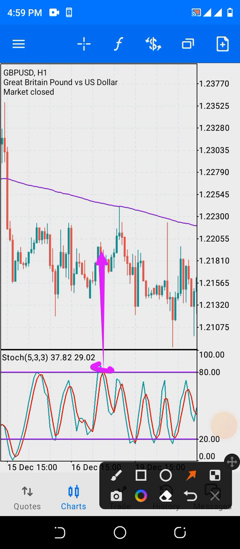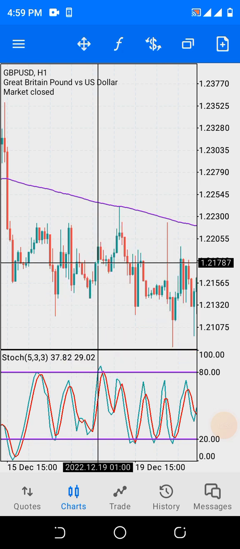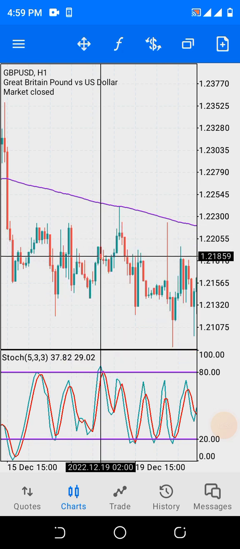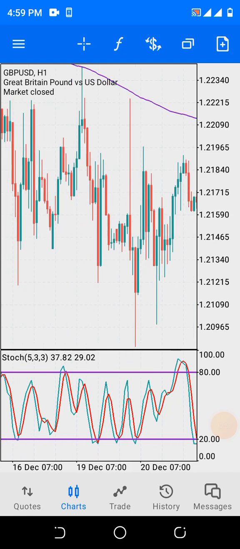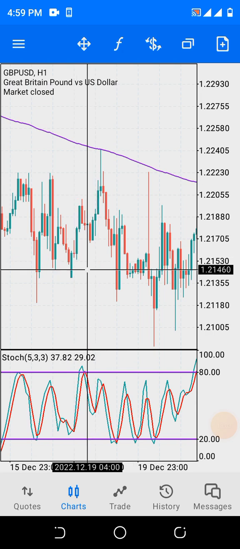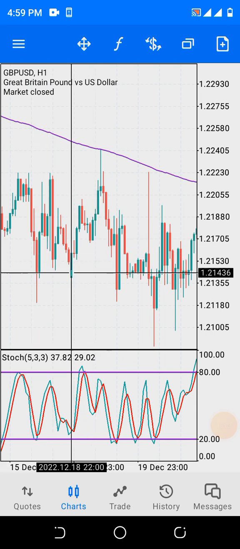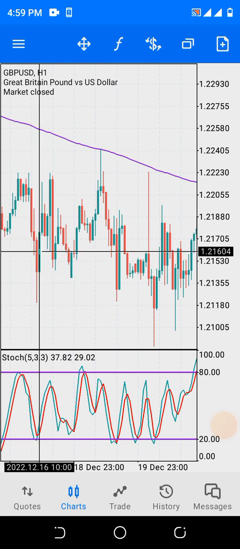So if our entry is there and we make use of the moving average as our stop loss, look at it.